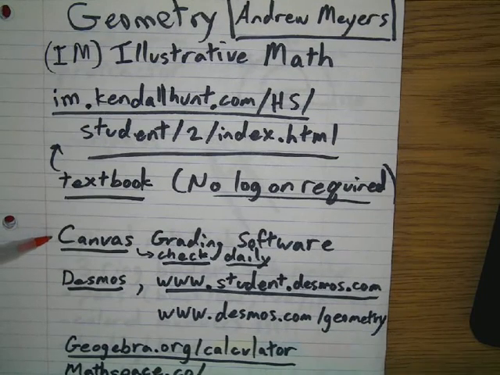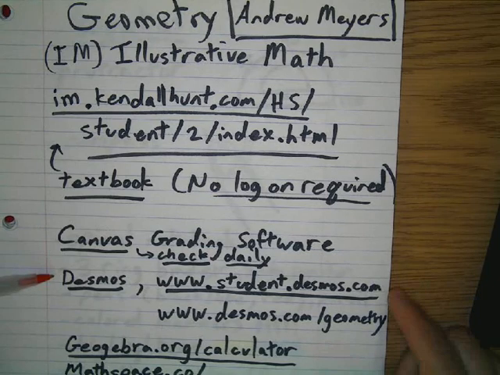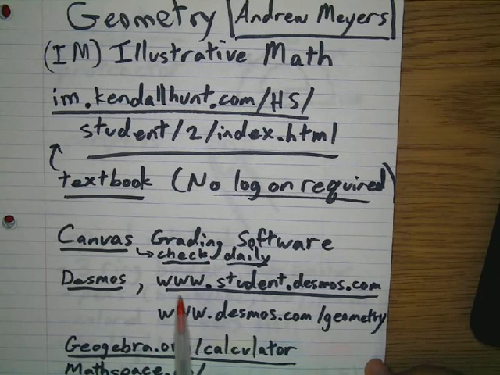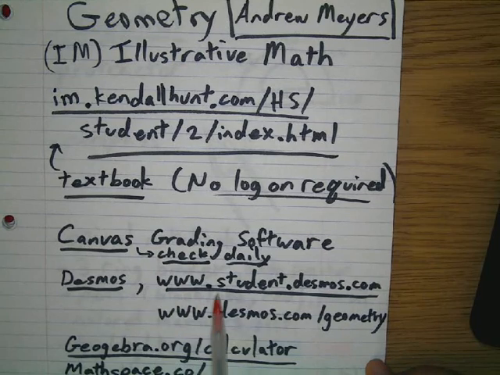The homework assignments are going to be listed in Canvas, so you need to check Canvas daily during the week. We'll also be using Desmos Activities, and the website is www.student.desmos.com.